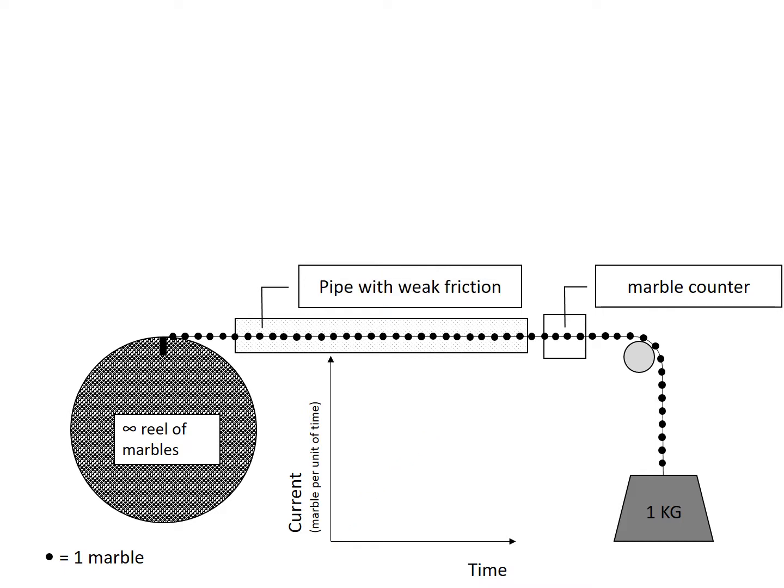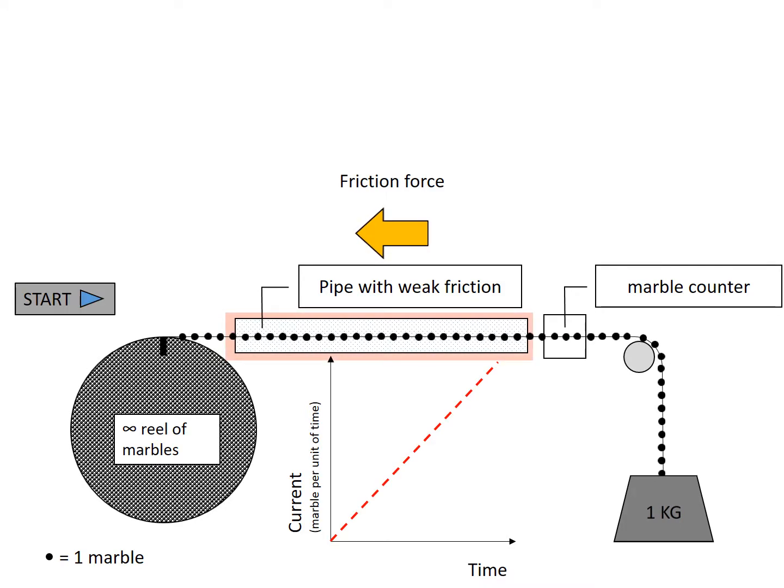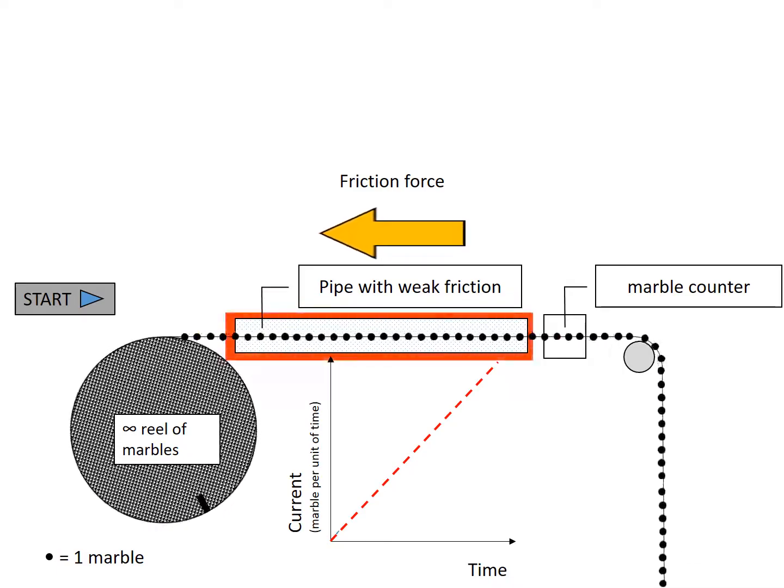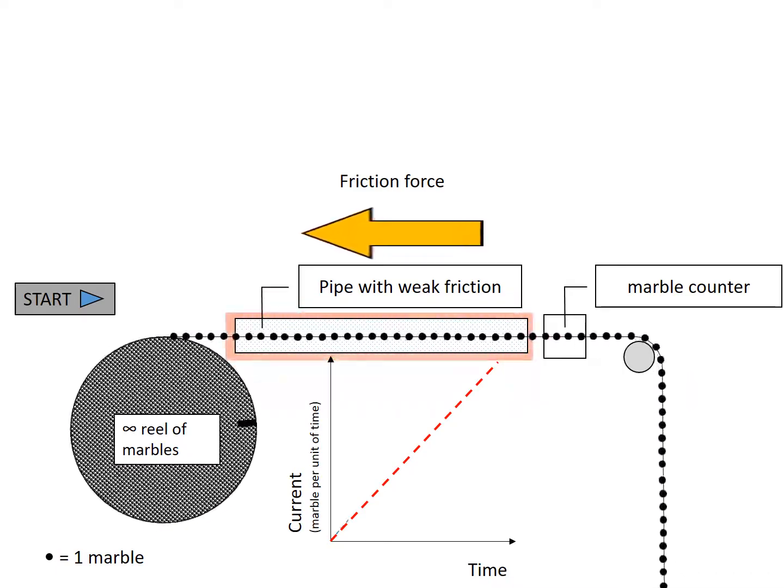Let's do again the mental experiment, but this time we give up the perfect pipe for one with friction. To have this friction, we can imagine, for example, the pipe having some grains of sand on its inner outline. Starting the simulation, we see the marbles speeding up in the beginning the same way as the red dashed curve, increasing the current.